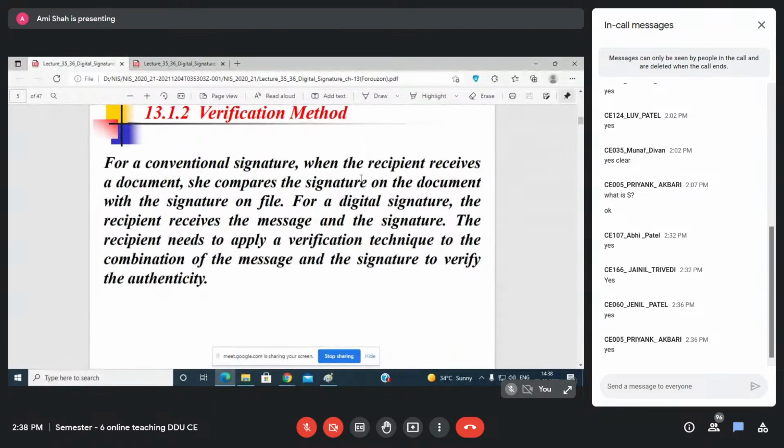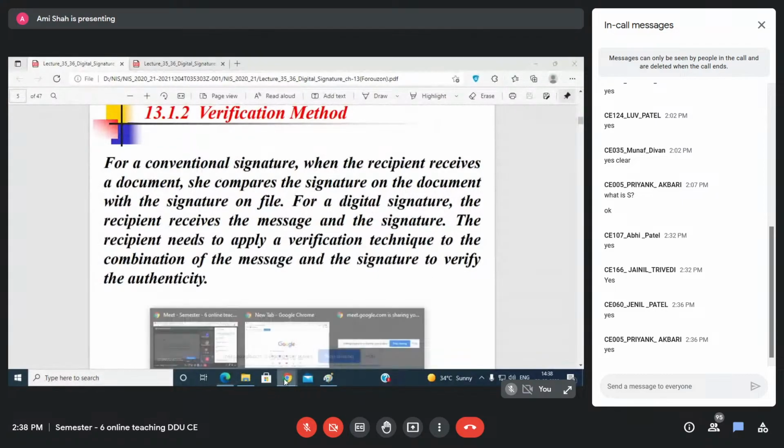The copy of the signature is not stored anywhere. So the recipient needs to apply some verification technique to the combination of message and signature to verify the authenticity. So this is the case with digital signature.